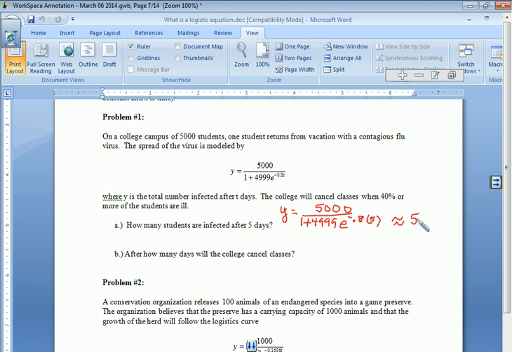Good. So we get 54.019, which would be 54 students. Wait, what's the K? Oh, it's 0.8. It's not K. Okay, so after the first 5 days, we went from 1 to 54.